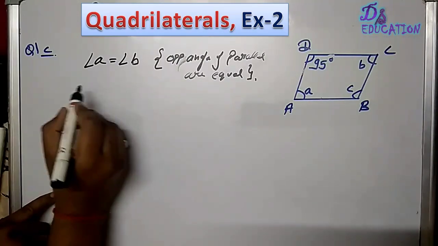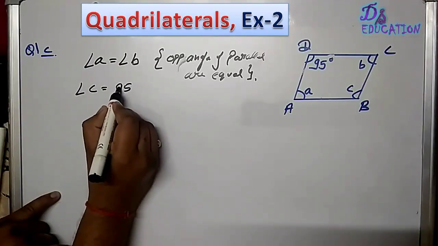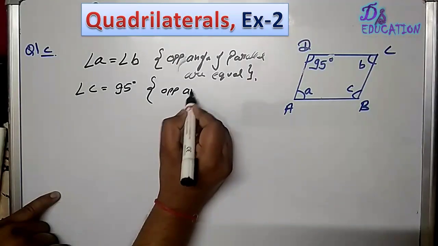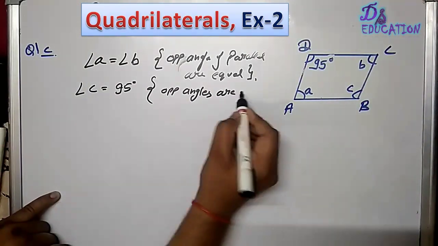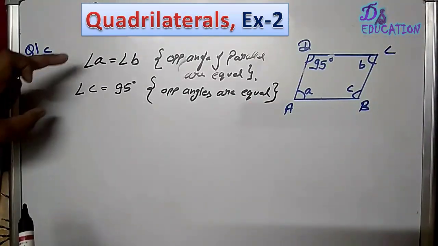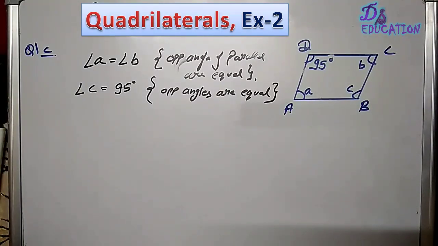Now another thing is angle C is equal to 95 degree. Similarly, opposite angles are equal. Okay, it's a parallelogram, so opposite angles are equal. So these are the two different properties which we have studied in the properties of a parallelogram.